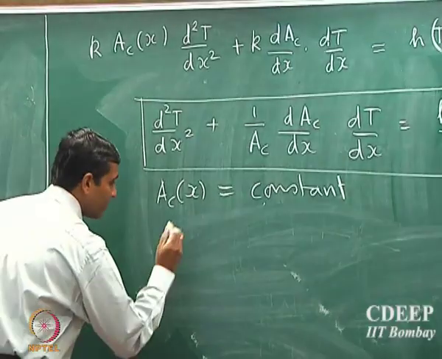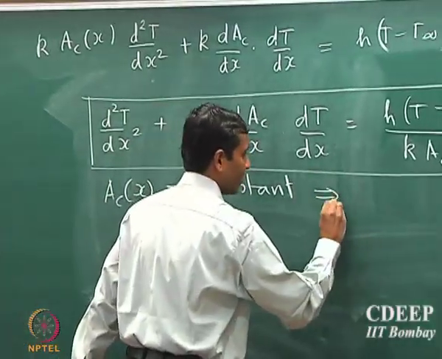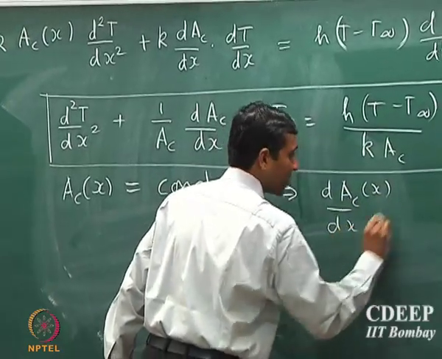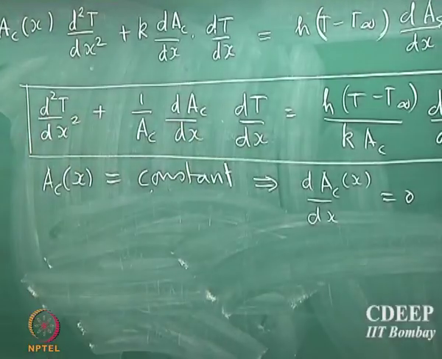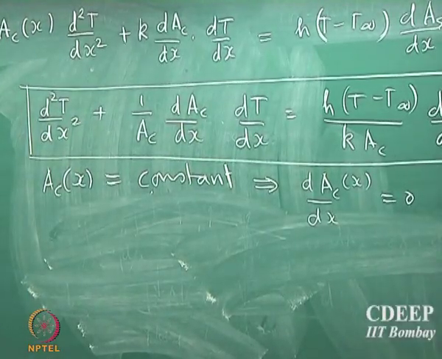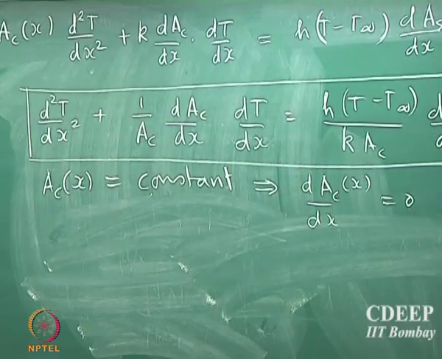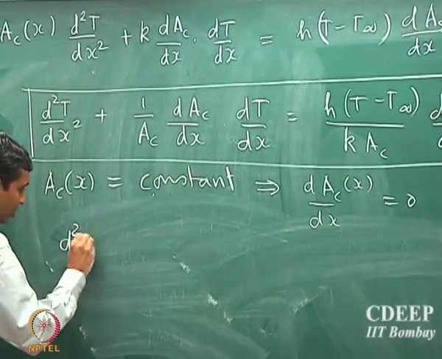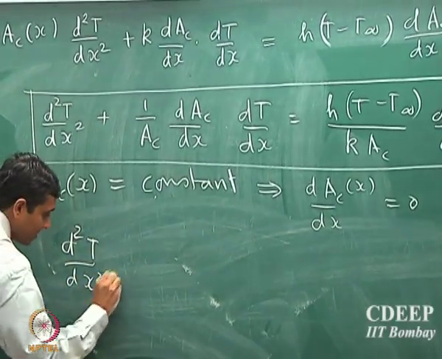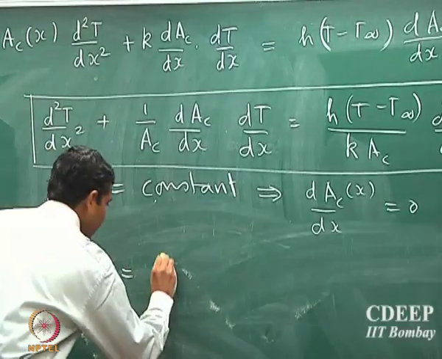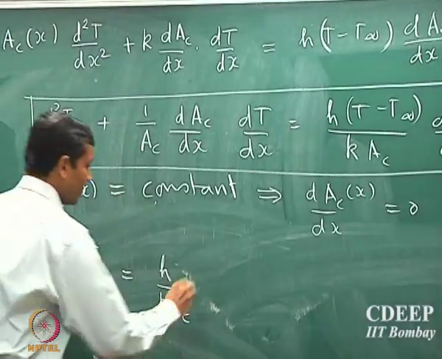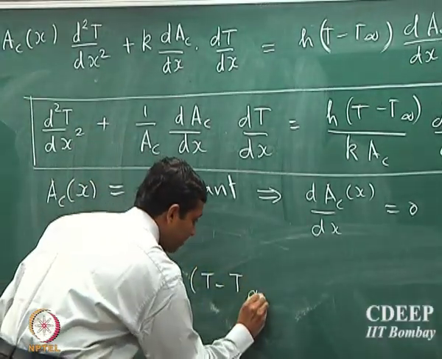So this equation would simply reduce, since dAc by dx is 0, meaning the gradient of the cross sectional area with respect to x is 0 because it is a constant, and so we can reduce this equation to d square T by dx square equal to h by (k Ac) times (T minus T infinity).